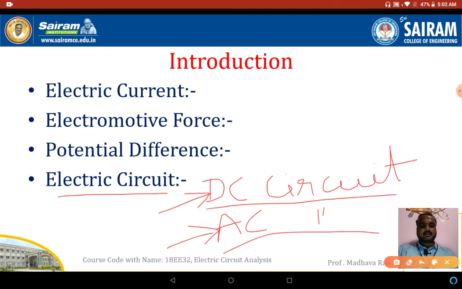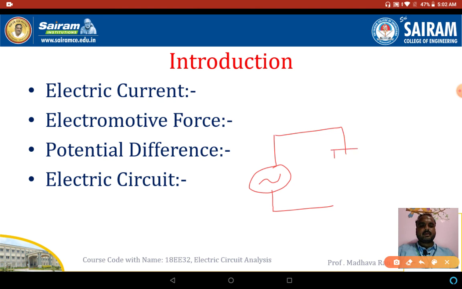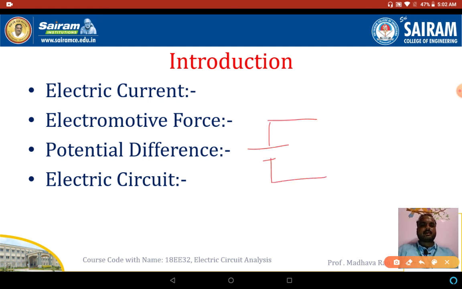Here we can see how the circuits look. If you take an AC circuit, there will be an AC voltage source and an interconnection of various elements like resistor, capacitor, inductor. A DC circuit consists of a constant voltage source and an interconnection of various elements.